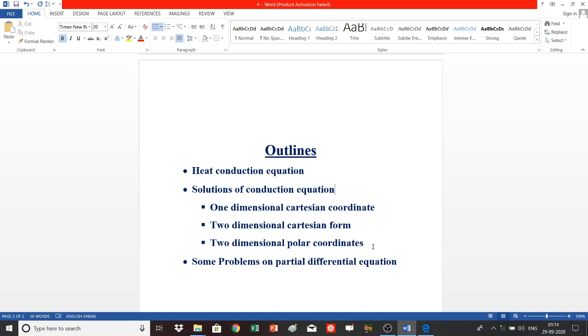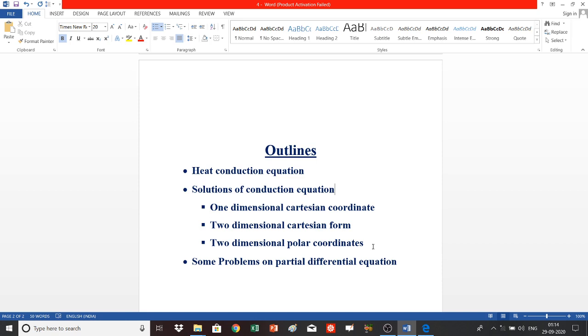So just go to the previous lecture, and then you will understand the process by which you can solve the conduction equation in three-dimensional Cartesian, spherical polar or cylindrical coordinates.